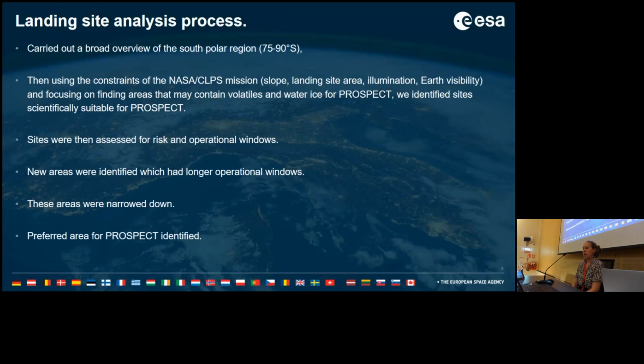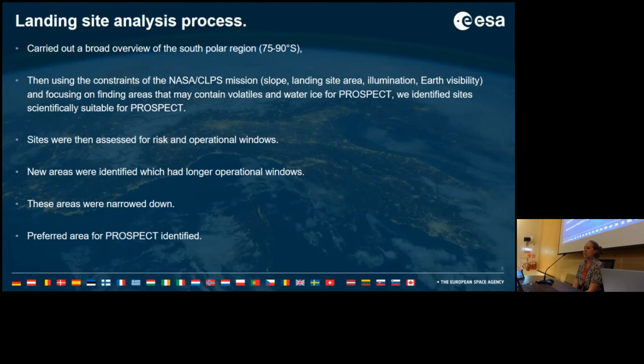So we started with a broad overview of the Lunar South Polar region from 75 to 90 degrees south. And then we added in the constraints of the NASA-CLPS mission, in particular the slope, the landing site ellipse, the illumination, earth visibility, and in particular for Prospect, we were focusing on looking for areas where volatiles and water ice would be stable if present.